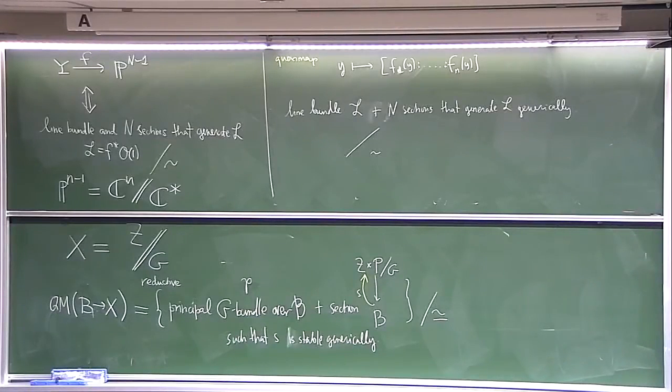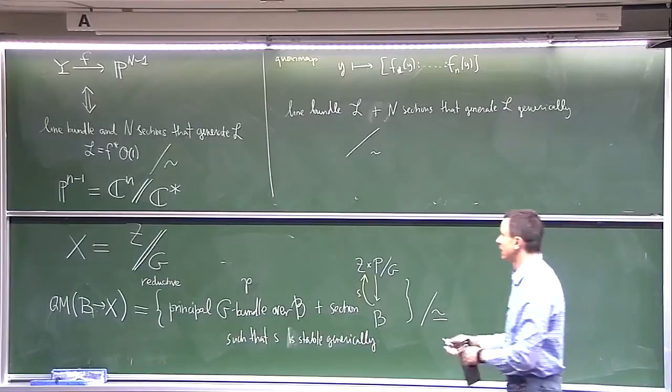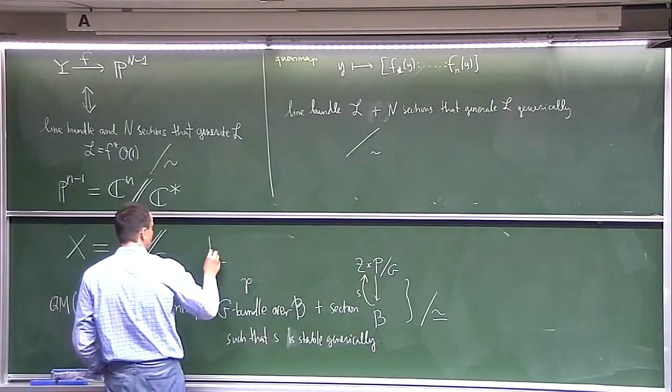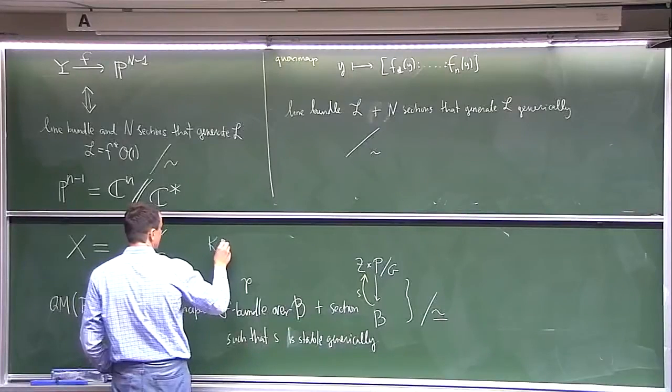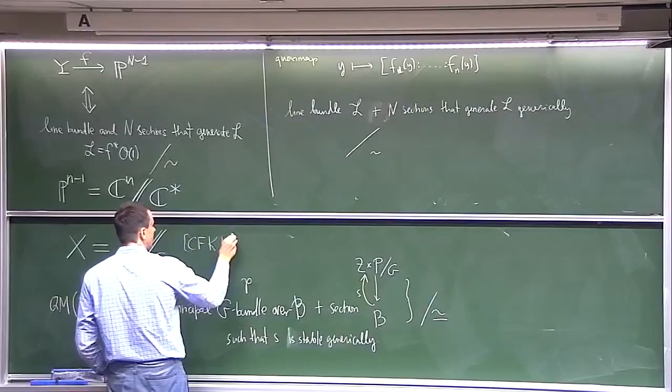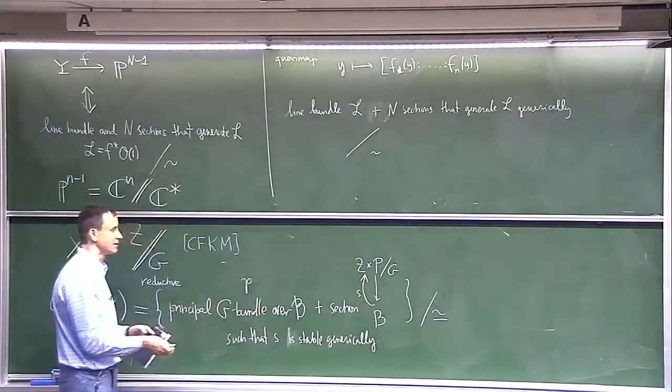And this is a notion, like I said, in gauge theory, a very familiar notion. It is called the gauged sigma model. But a nice paper in algebraic geometry is by Ciocan-Fontanine, Kim, and Maulik that discusses this notion in algebraic geometry.